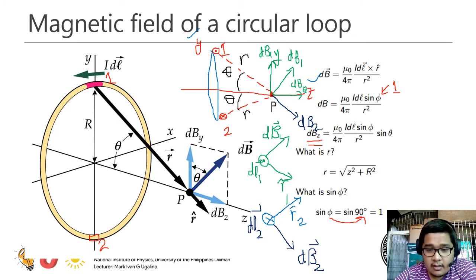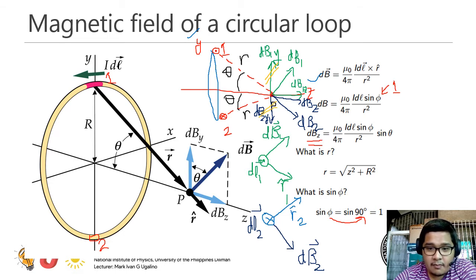On the other hand, you have dB2, so dB2y and dB2z, along their respective axes.